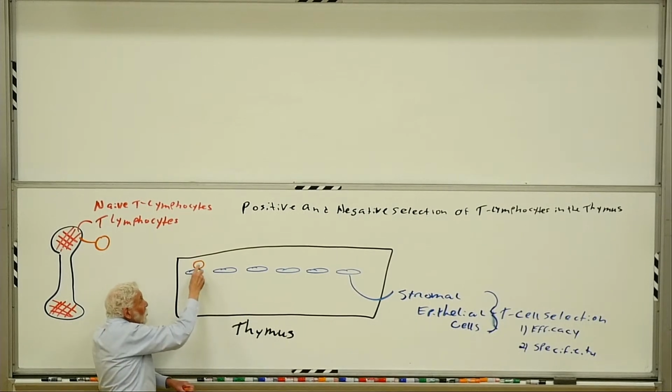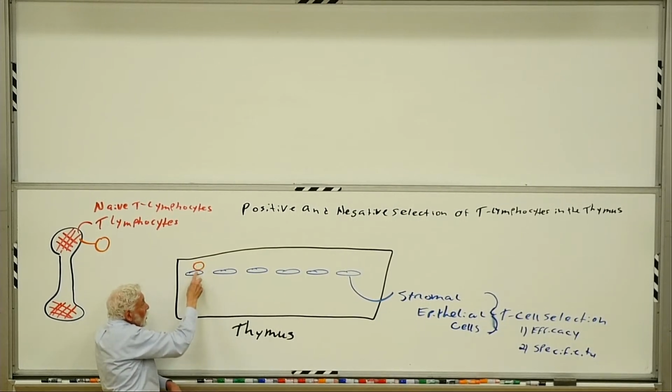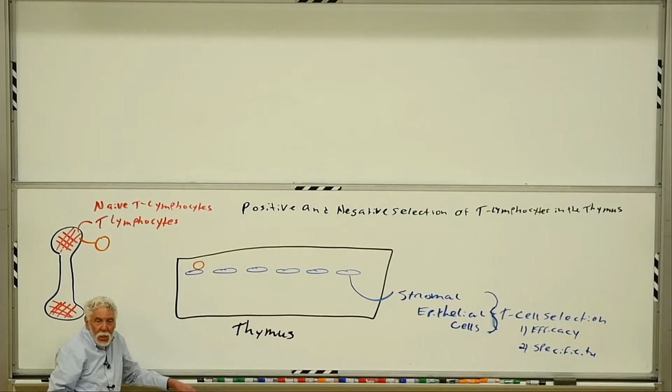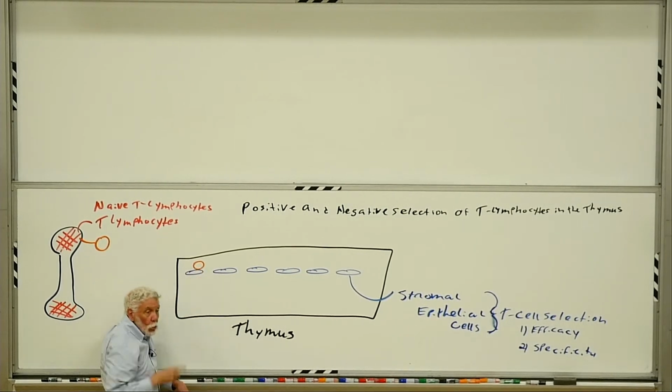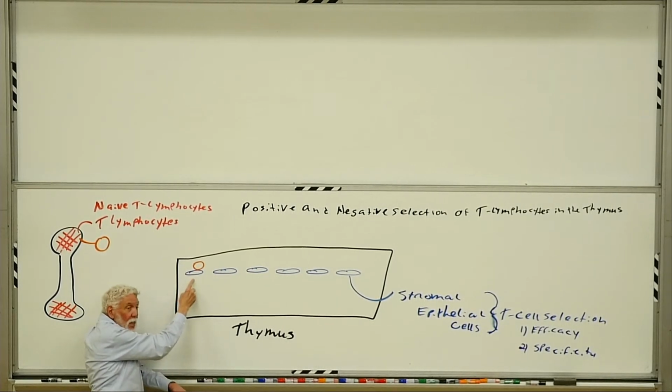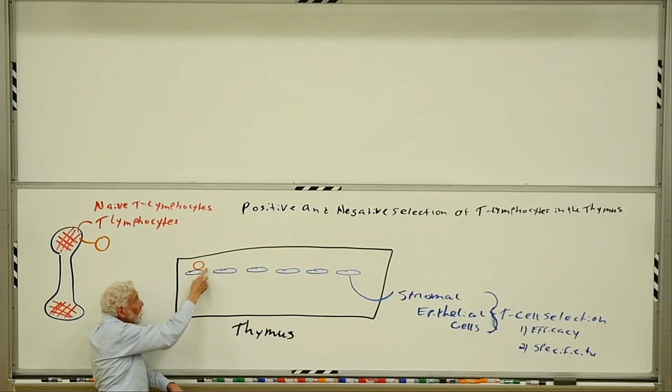And if the answer coming from this naive T cell to the stromal epithelial cell is, no, I can't really recognize proteins on other cells, then this epithelial cell says to this naive T cell, you're useless, go die. In fact, what's happening is this epithelial cell is now withholding growth factors to this T lymphocyte.